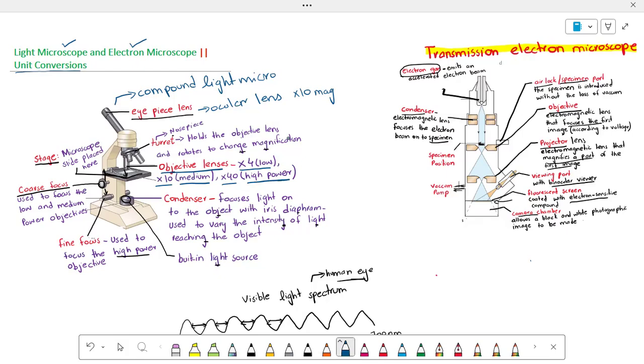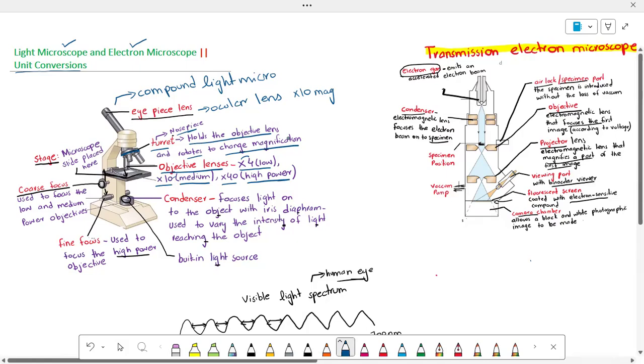These lenses are attached to a rotating turret, which is also called a nose piece. Its function is to hold the objective lenses and rotate to change the magnification. Suppose we have to change from 4x to 10x, we rotate the turret.